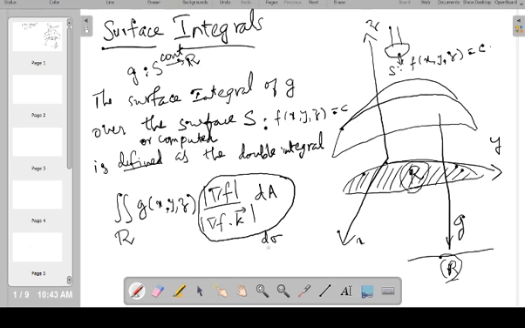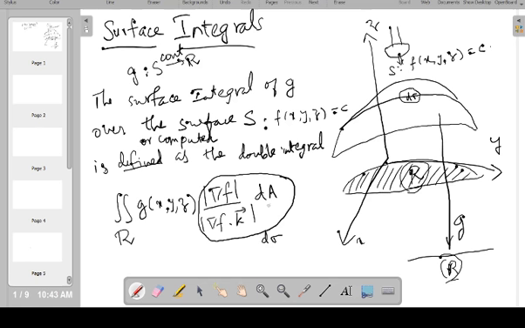This d sigma is called the surface area differential, because this much quantity computes the elementary surface area of this surface S. For example, if you take a small portion over the surface, the area of this portion is d sigma. The area of the whole portion is obtained by the double integral over R of norm of del f divided by norm of del f dot k dA, which is the surface area of S.